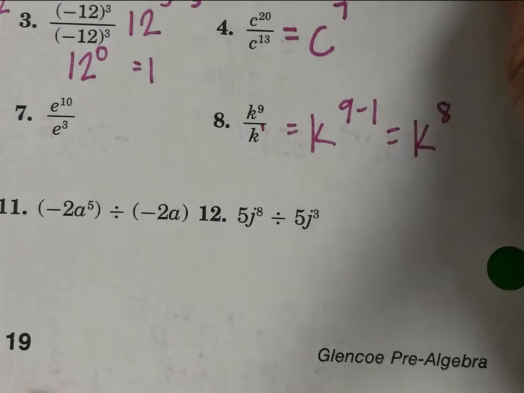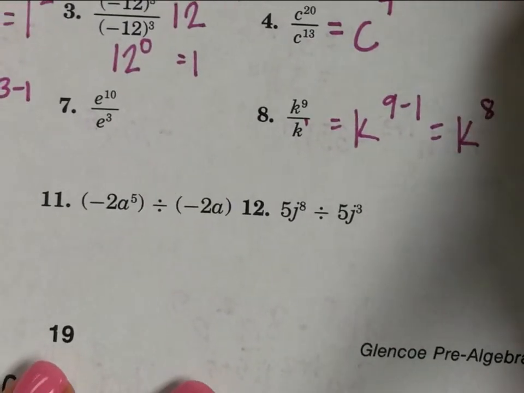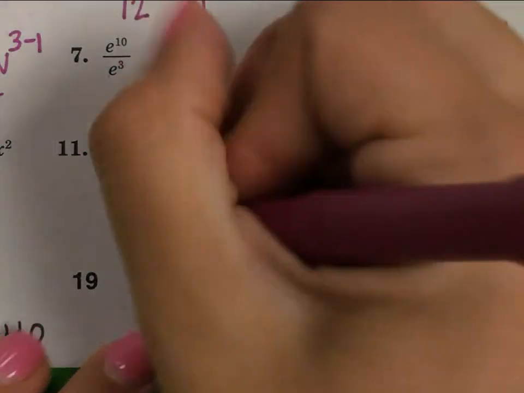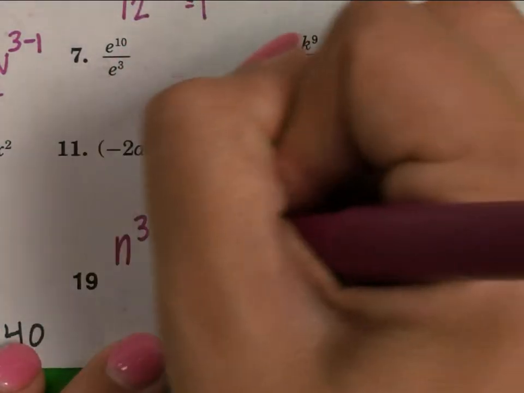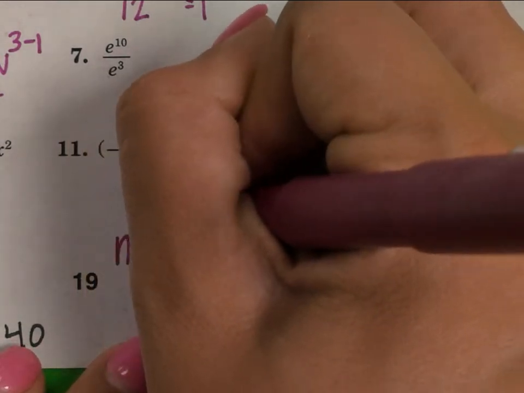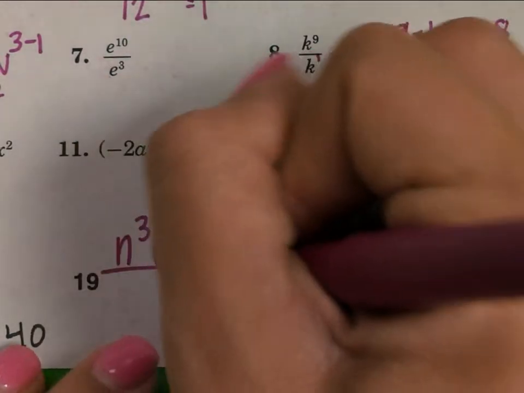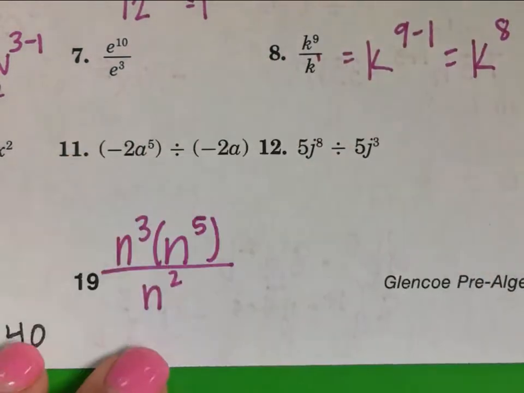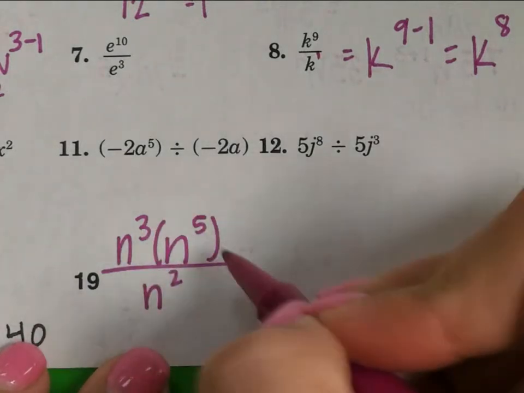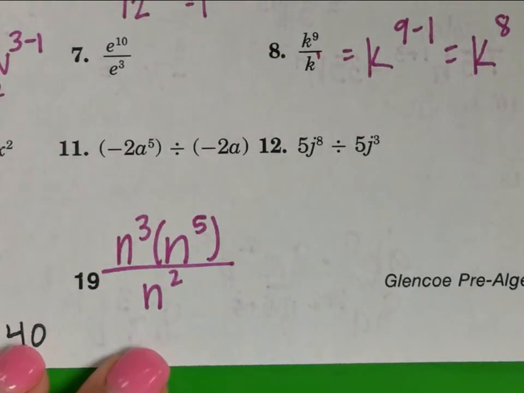All right, what about if I have this problem? N cubed times n to the 5th divided by n squared. What's the first thing I'd have to do here? Solve the top, right? So what is n cubed times n to the 5th?